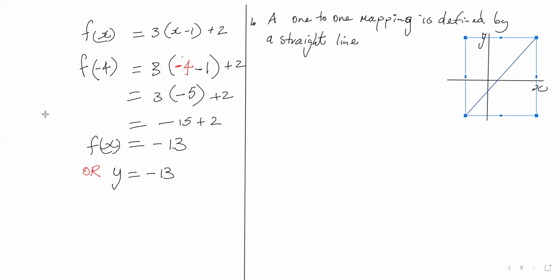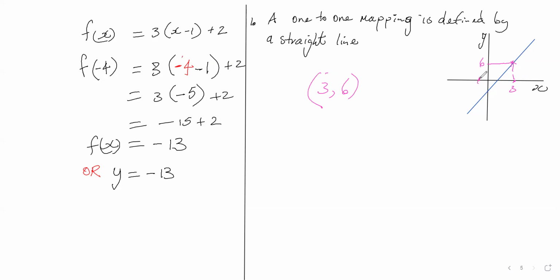I'll explain. If I have a number here, let's say this is 3, it goes to this point here. This maps onto, let's say, 6. So 3 on the x is mapped onto 6 on the y.